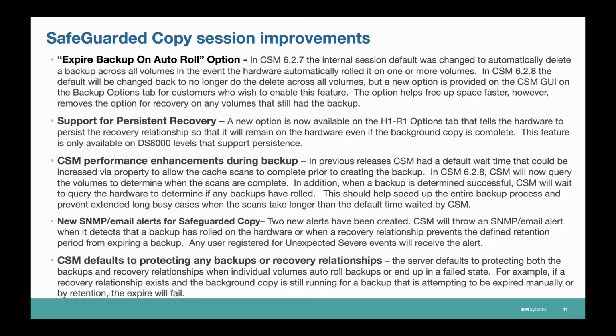You can now check that, and if you do want it to persist, you can mark that, and the recovery will keep it persistent. Now, just note that we will show the option in CSM, even if the DS8000 level you have doesn't support it yet. If you really want persistence, you'll need to be upgraded to the proper level of DS8000 microcode.